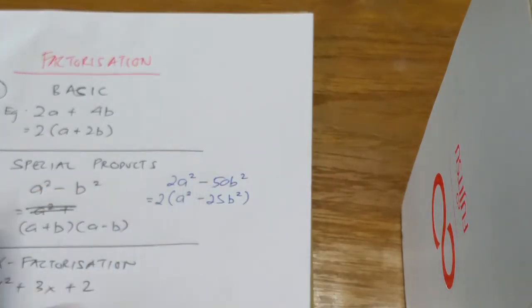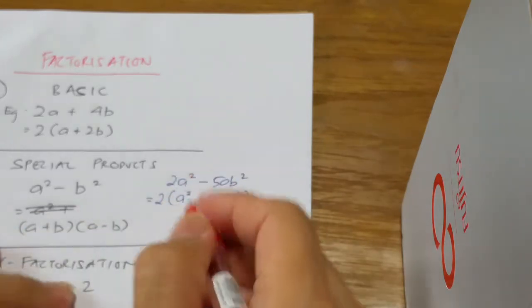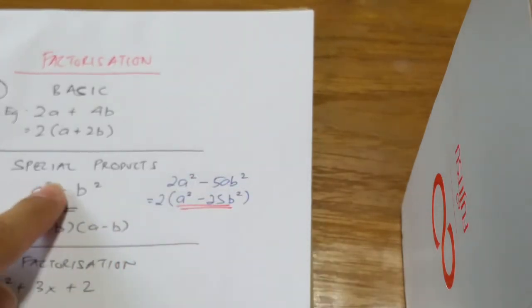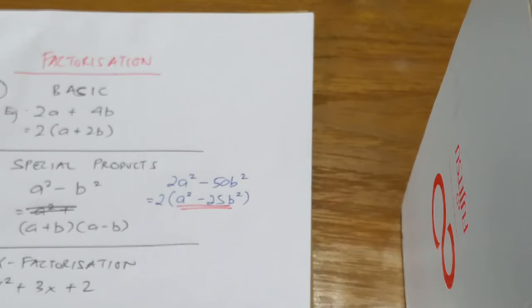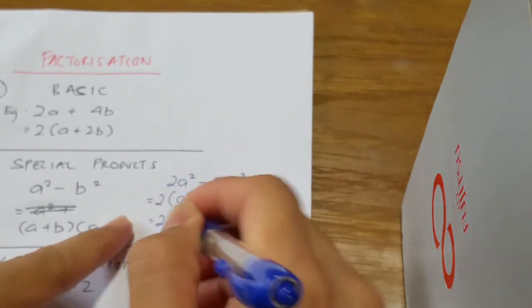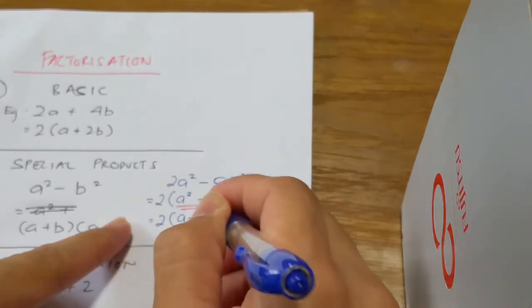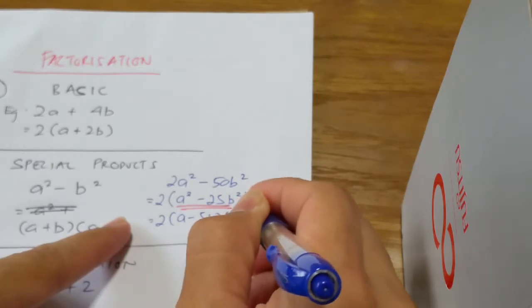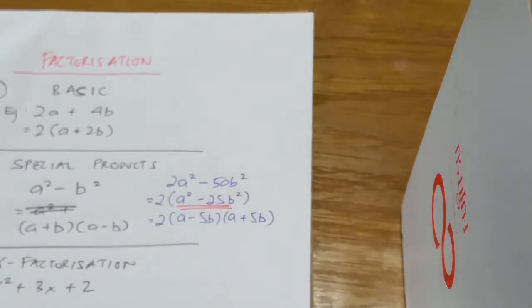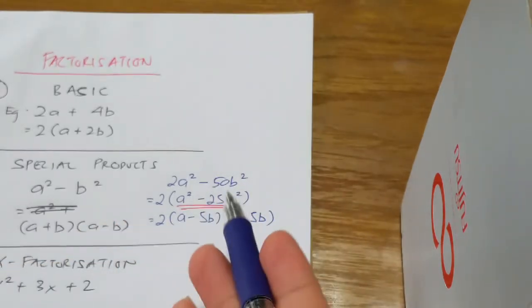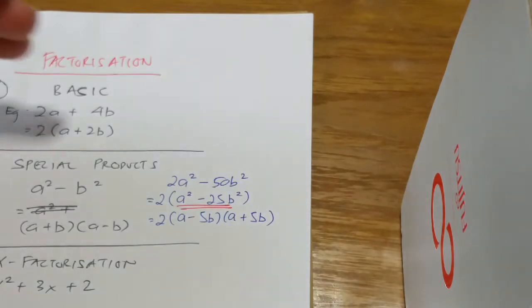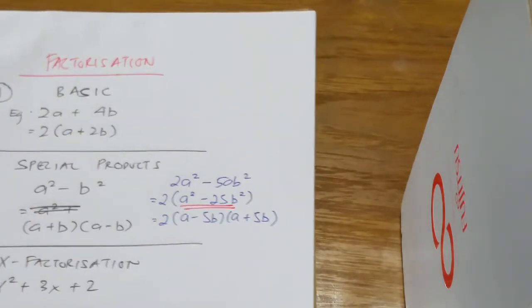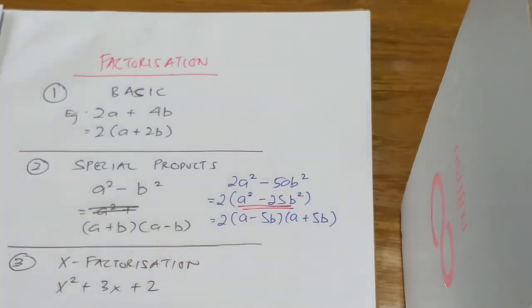Now do you see that this is doable with special products? So now we factorize this, and you will get 2 bracket a minus 5b and a plus 5b.